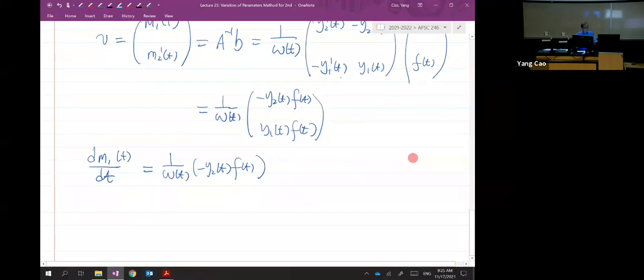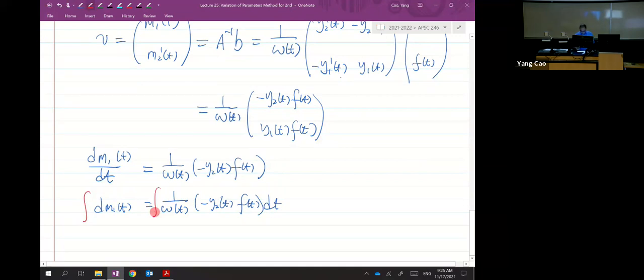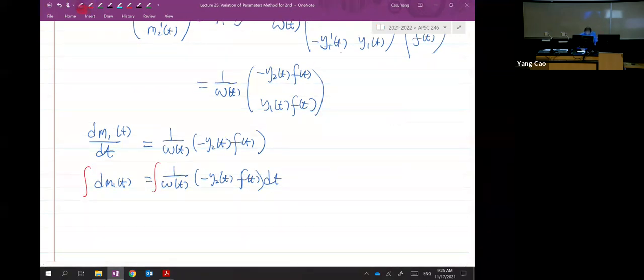Remember the purpose is to obtain a solution for M1 and M2. So I multiply the dt to the other side, and then we integrate both sides. That's separating variables here, right? Then you get M1 of t as a solution based on the integration result.